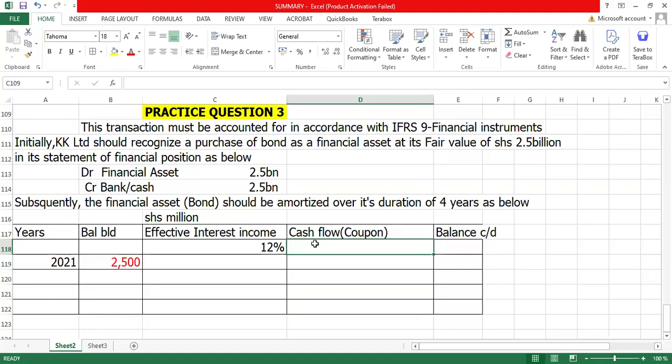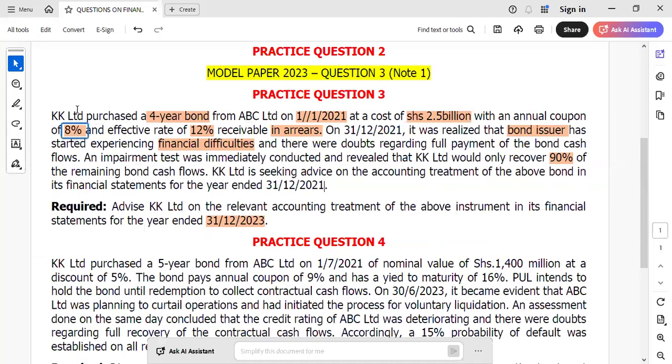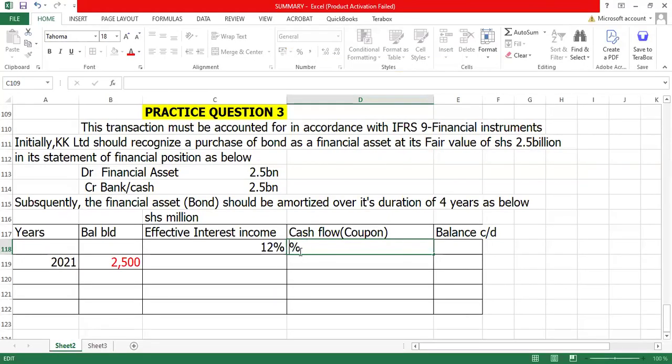So the coupon rate is what? Is it 6%? From our question, it's 8%. Okay.